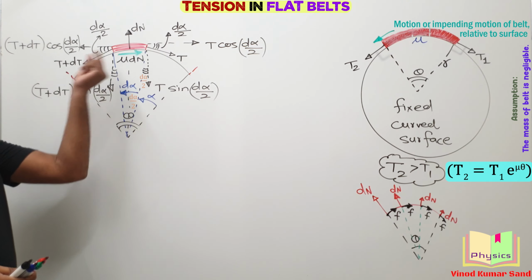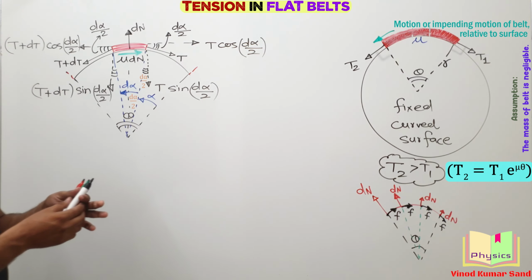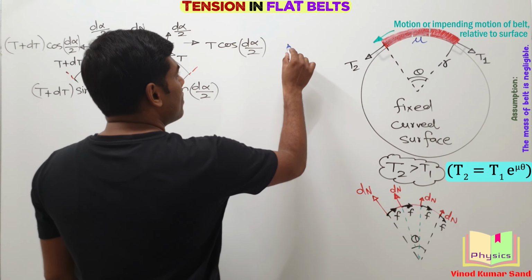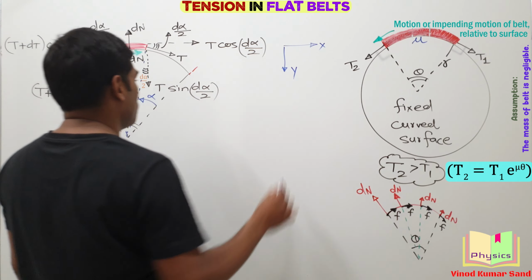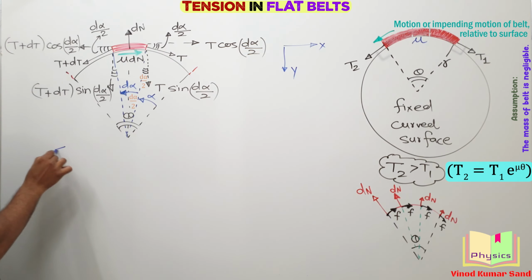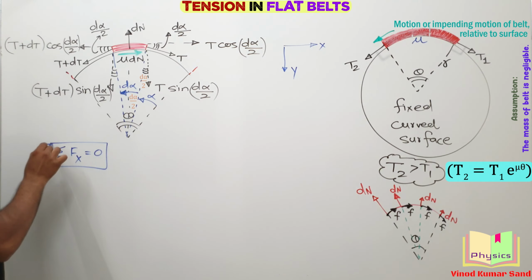Since we are taking up the case of the impending motion, I am balancing up the forces in x direction and y direction. We consider this as the x direction for our computation, this as the y direction. First of all, I am making sigma Fx equal to 0. Pay attention to what we should be writing.